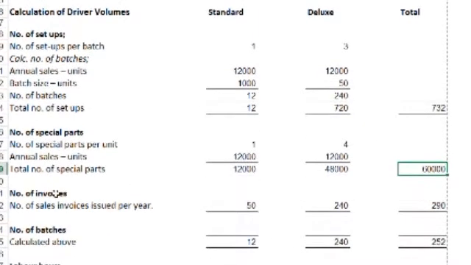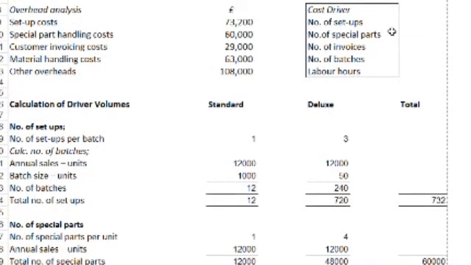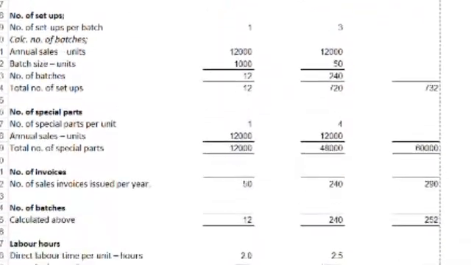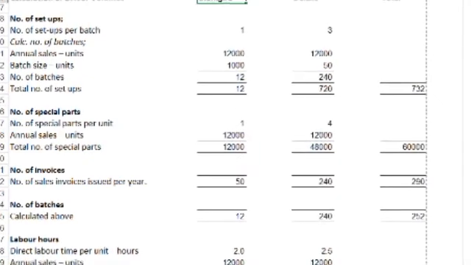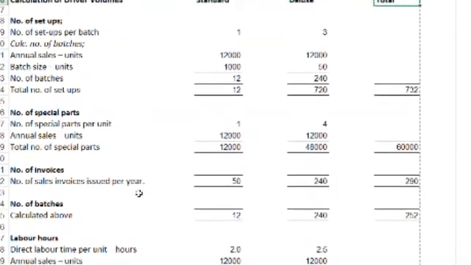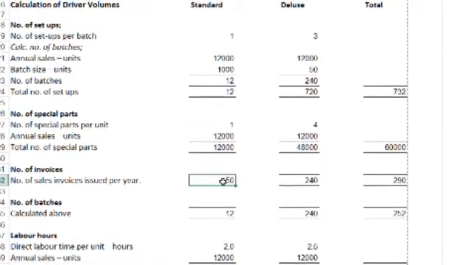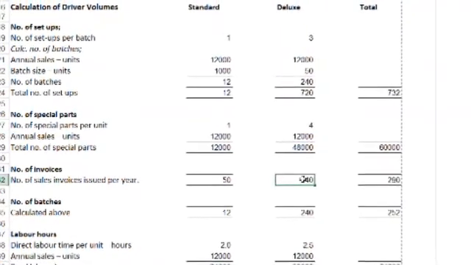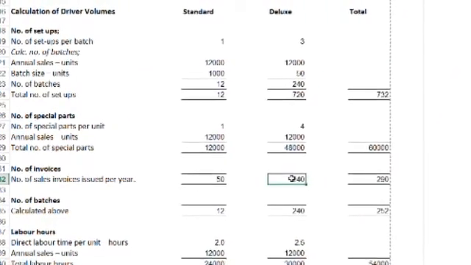Now the number of invoices, because that is linked with customer invoicing costs. We work out the total number of invoices for standard and for deluxe, and then the total. The number of invoices issued for standard is 50 and for deluxe 240, which again is given in the question.